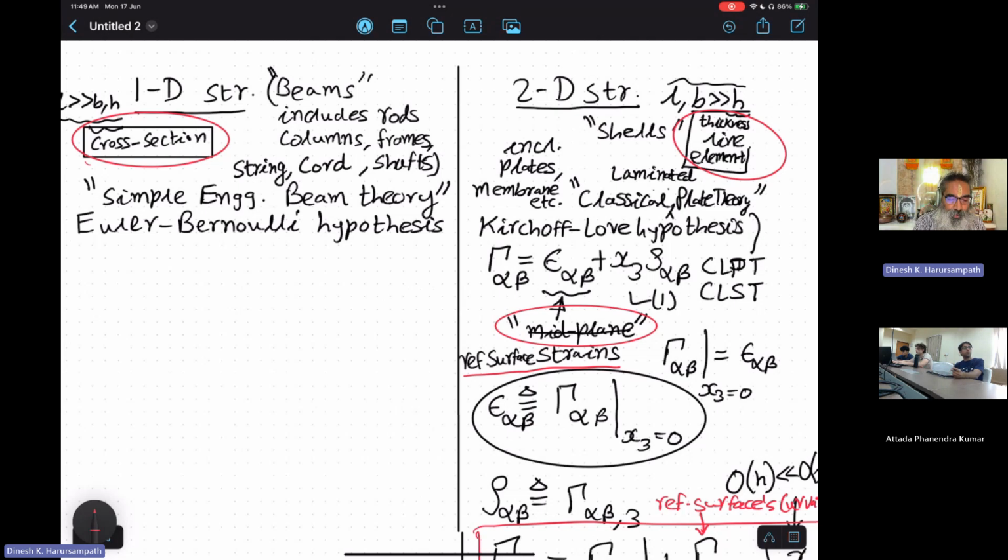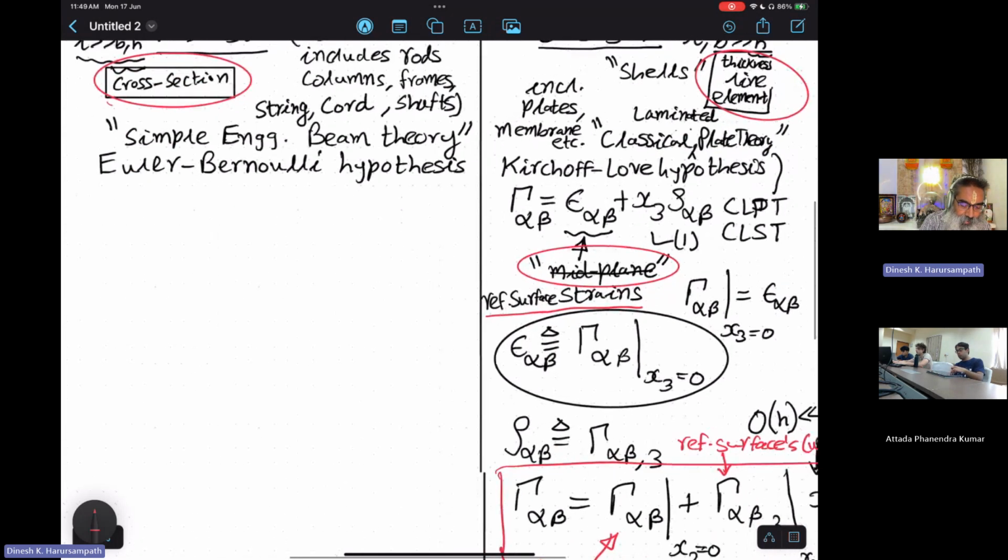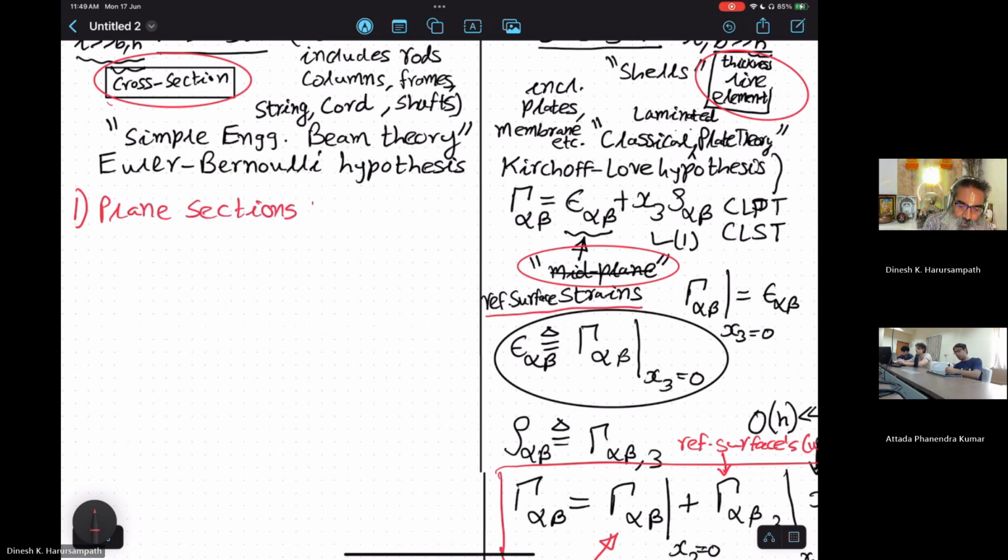element over here. So you might recollect that two of the simplest, most important assumptions in this simple engineering beam theory, which is also called the Euler-Bernoulli beam theory, is that the first thing that you assume is that plane sections remain plane.